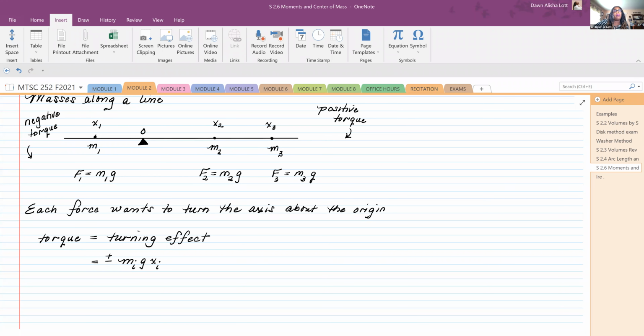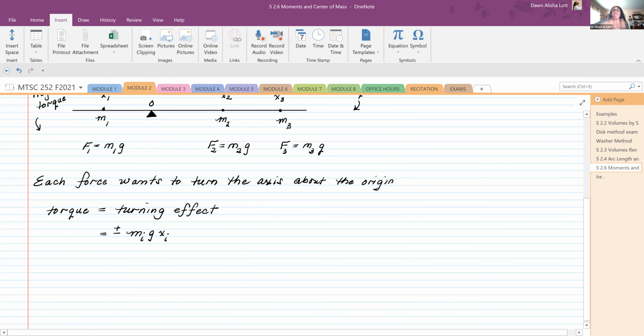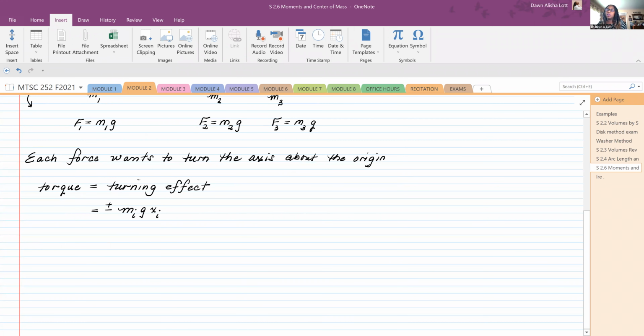Okay, so now I can talk about the system torque for the whole thing. So now let's think I have 3 kids, 3 different children sitting on this seesaw, and they have different weights. So the question is, where can I put them so that this thing is going to balance? So we have a system torque, and the system torque says add them all up.